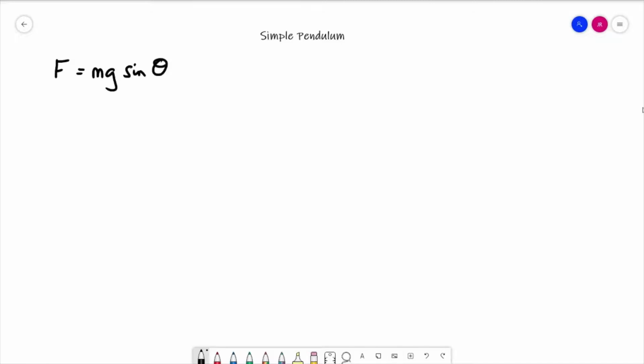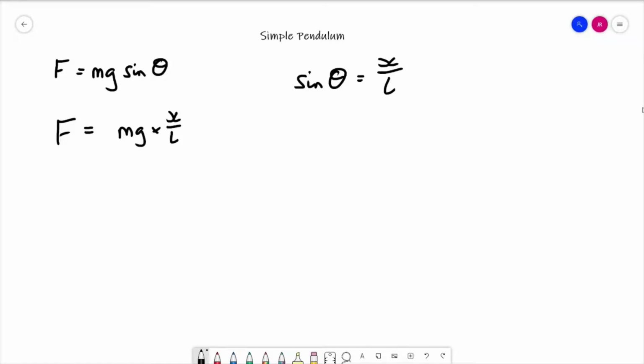Now when we go back to the second slide, and we were talking about the different ways of approaching the displacement from the equilibrium position, we said that sin theta was x over L. We can substitute that in, therefore, and say that F is equal to mg multiplied by x over L. Now I will tidy that up in just a moment.